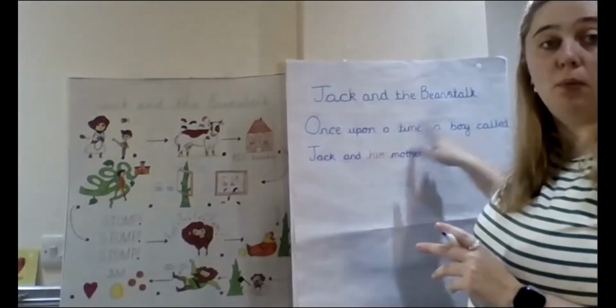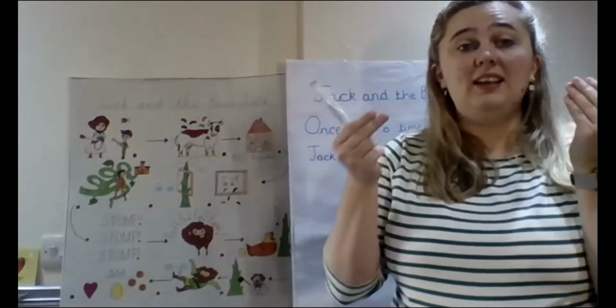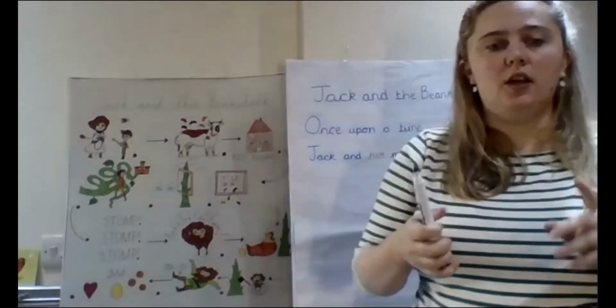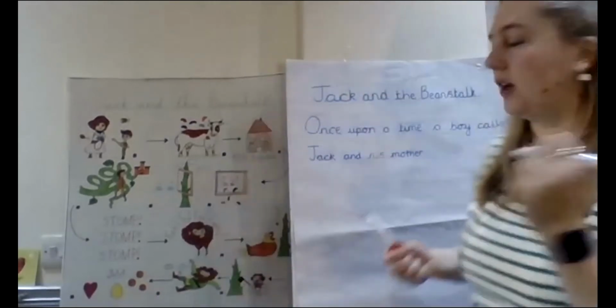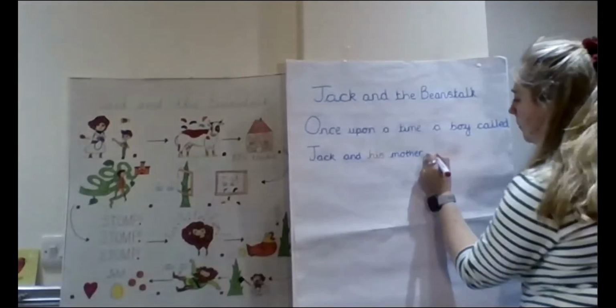Once upon a time, a boy called Jack and his mother were so poor they never had enough to eat. Okay, were was another one of our tricky red words. Yep.